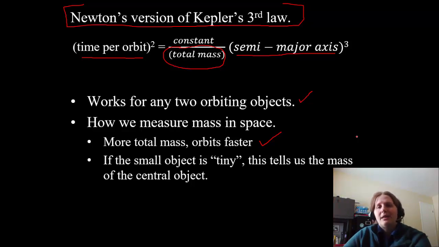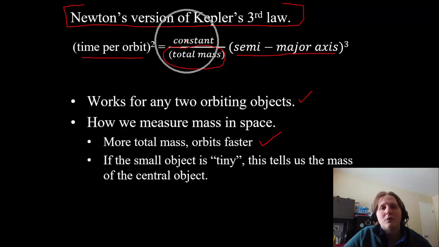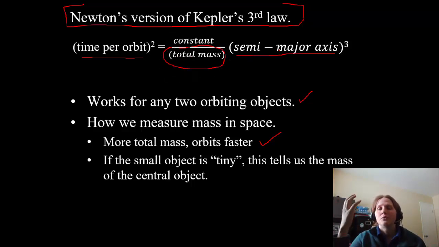Okay. And so why this is important to astronomers is this is actually how we measure masses of different distant objects. Okay. So if you look at this, it's algebra, but this constant here, don't worry about it, it's just a constant you plug in. There's three other things in here: the time per orbit, total mass, and semi-major axis. So what the algebra says is if you can find two of those things, algebra will tell you the third.